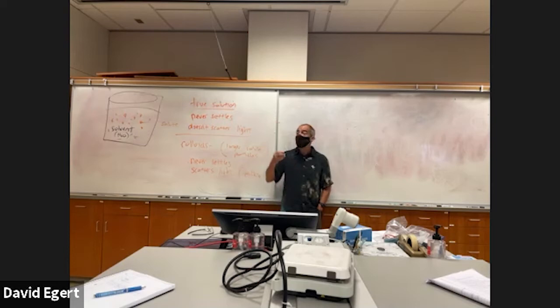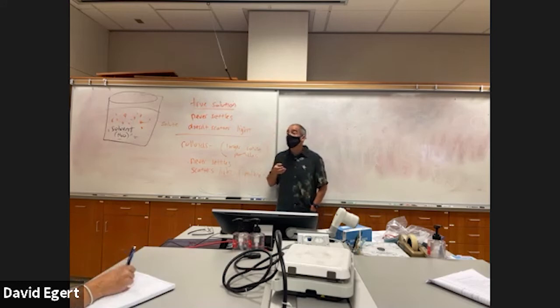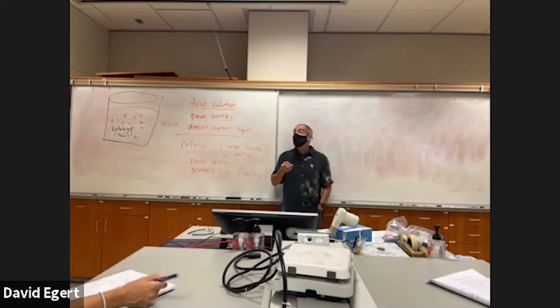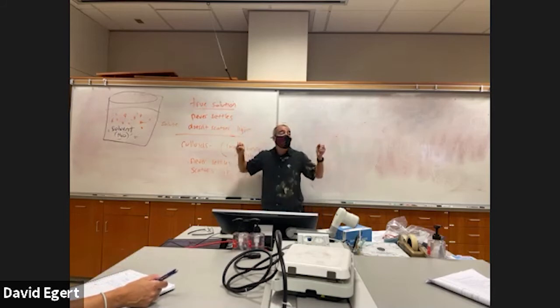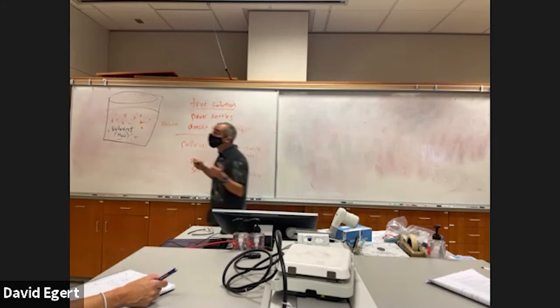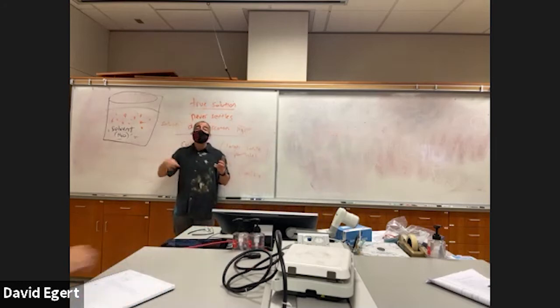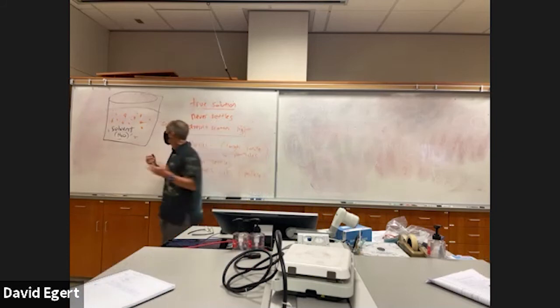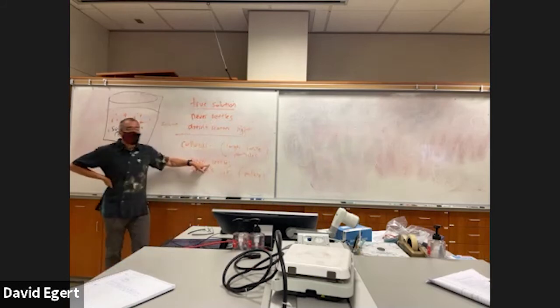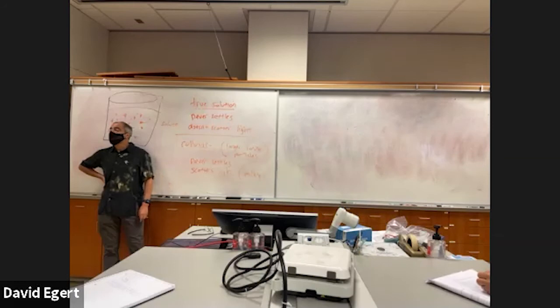You don't really see much difference between looking at sugar water versus looking at regular water. It's not till you sip it that you know it's sugar water. Starch is a much larger molecule. Starch is a bunch of glucoses in big chains. It's a lot harder to get it into solution. You've got to really spend a lot of time and warm it up, but eventually it will go into solution. The starch will not settle out. It'll stay this starch solution, but if you look at it, it looks kind of cloudy or milky. And that's how you know it's a colloid rather than just a true solution.